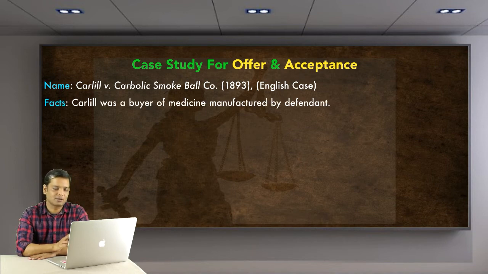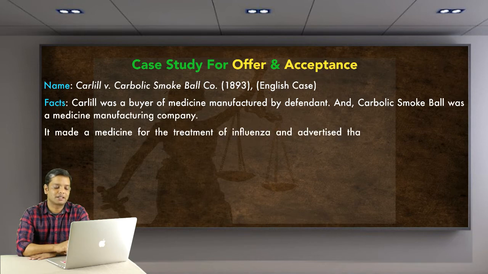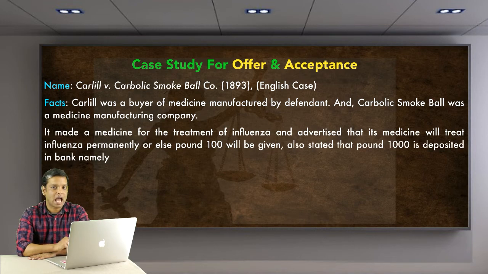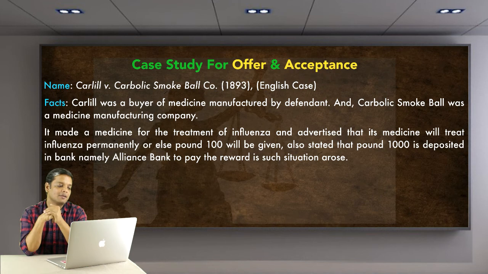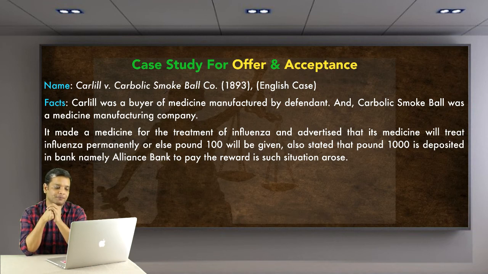The facts of this case were basically that Carlill was a buyer of medicine manufactured by the defendant. Who was the defendant? That is the Smoke Ball company, a medicine manufacturing company. The Carbolic Smoke Ball company made a medicine and advertised publicly that this medicine will treat influenza permanently, and the person who uses that medicine will never suffer from this disease, influenza.